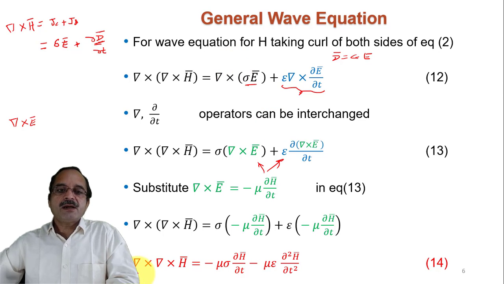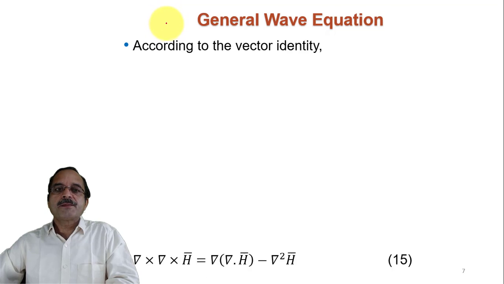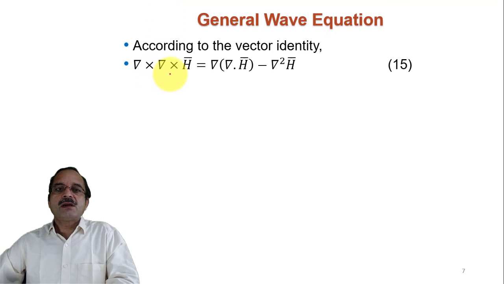Now the left hand side. This is a standard vector identity as we have seen earlier. Del cross del cross H is equal to del of del dot H minus del square H. And as we have seen from equation number 4, this del dot H is equal to 0.